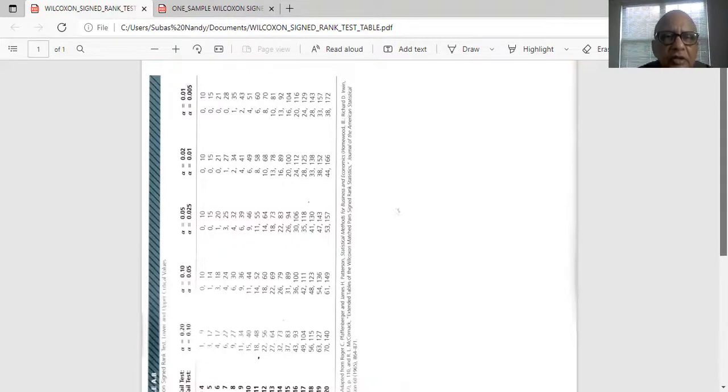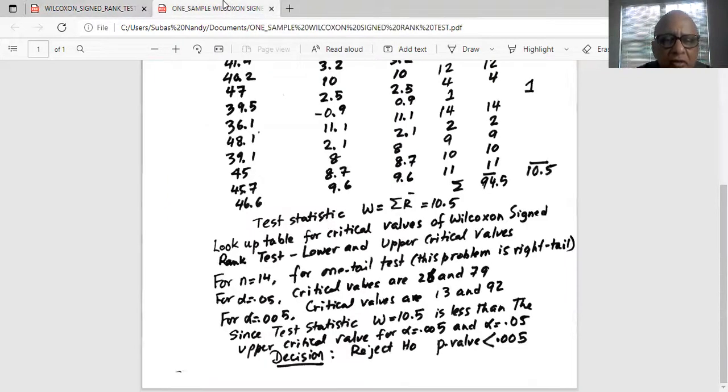As we discussed in this problem, in both cases, the test statistic is less than the upper critical value. Why are we interested in the upper critical value? Because this is a right tail test. If it had been a left tail test, then we would have been interested in the lower critical value. Anyways, we reject the null hypothesis because the test statistic is less than the upper critical value.